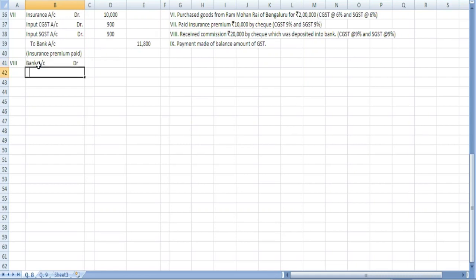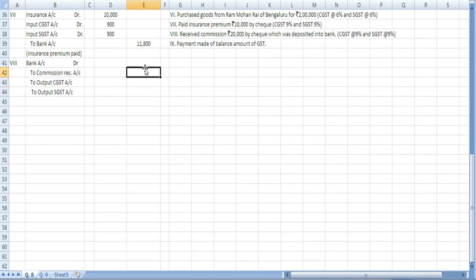Now commission is your income, so nominal account it will be credited to commission received account, and then we are even collecting some GST with this, to output CGST account, to output SGST account.